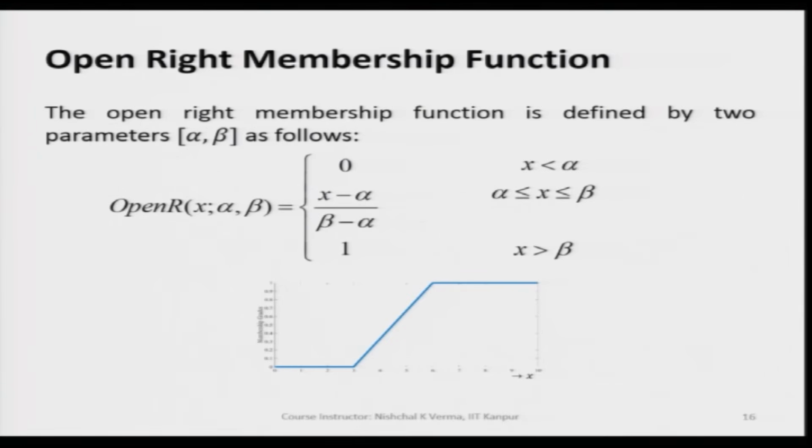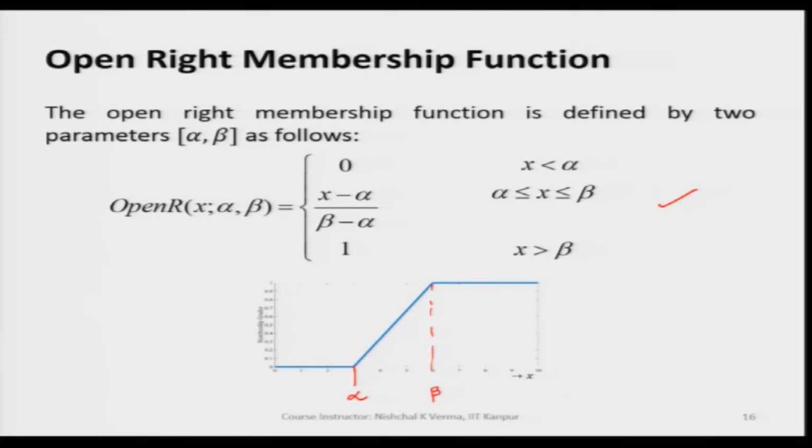When we try to draw a membership function based on this function, we get this kind of shape. This point on the x axis we have as alpha, and this point here we have as beta. We can clearly see that this function is open on the right side.